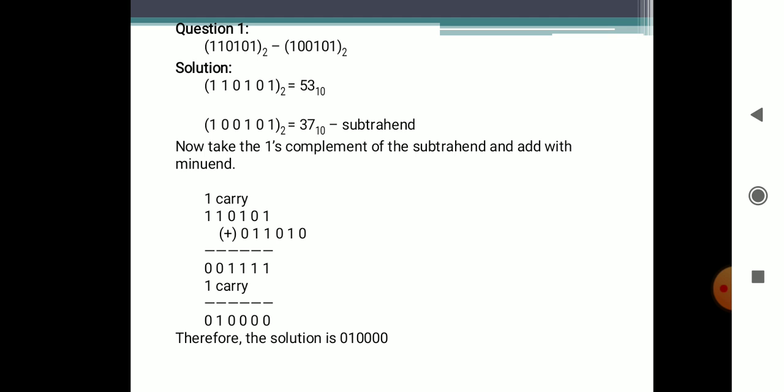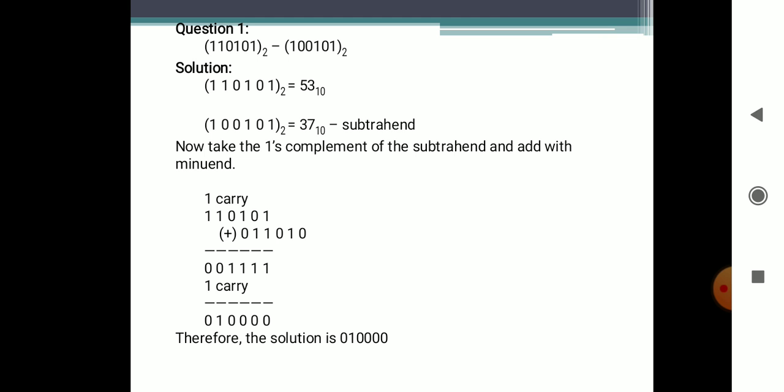Now, after taking the 1's complement of the subtrahend, we have to add it with the minuend. So, adding, first on the most right hand side 1 plus 0. Of course, you know 1 plus 0 is 1, and 0 plus 1 gives 1.